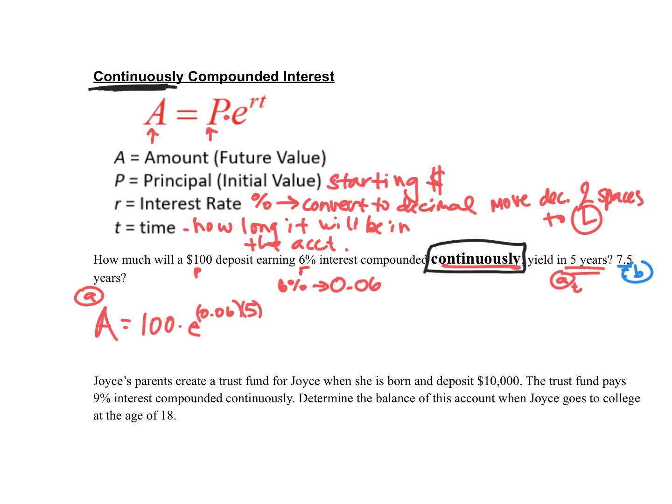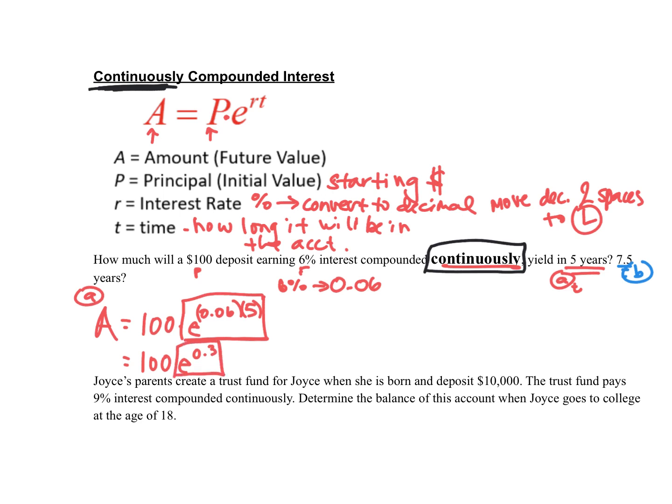And the important thing here is we're going to do this part first. So in our calculator, what is 0.06 times 5? It's 0.3.